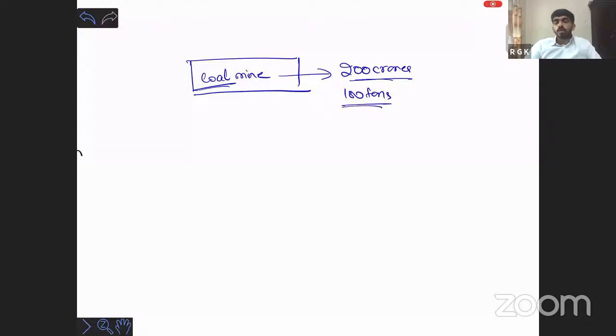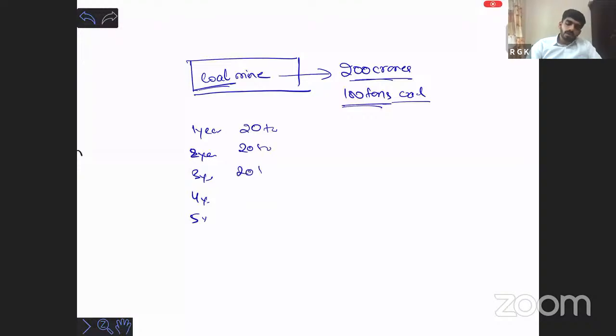Let us say you have 5 years: first year, second year, third year, fourth year, fifth year. Every year you will be extracting 20 tons.